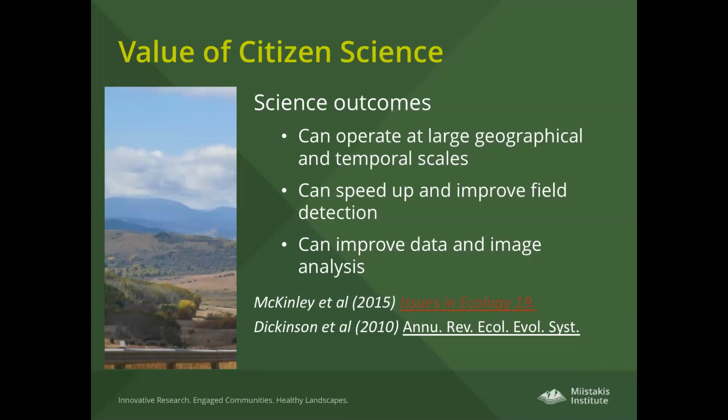So it just really ramps things up across these scales. We also find that citizen science can speed up and improve field detection. So it's just more eyes on the ground, and that can be really effective at detecting change and reporting on rare events, which are sometimes impractical for more traditional scientific endeavors.